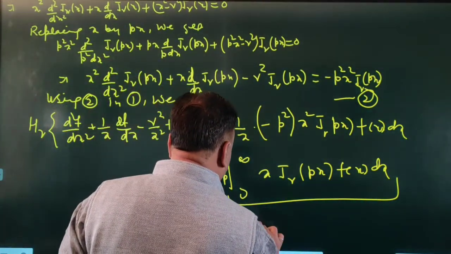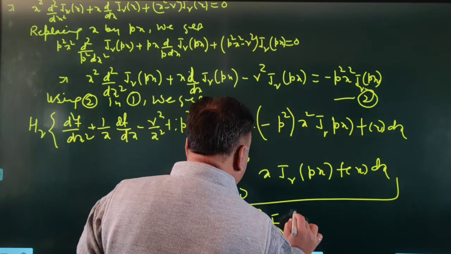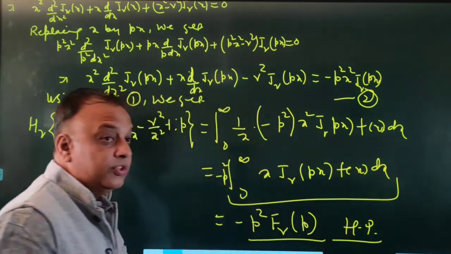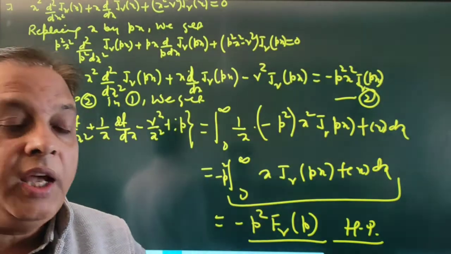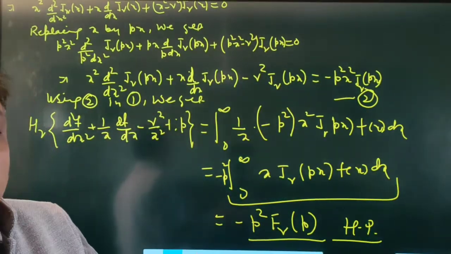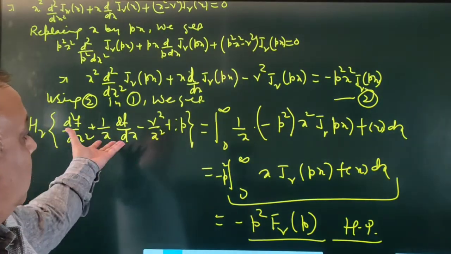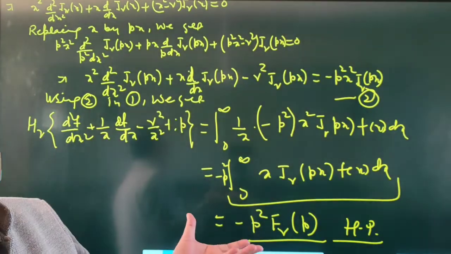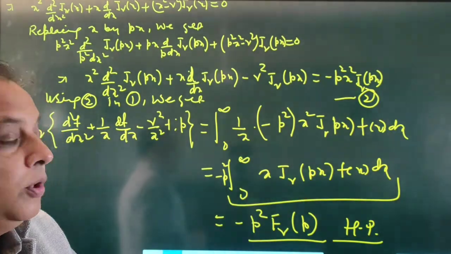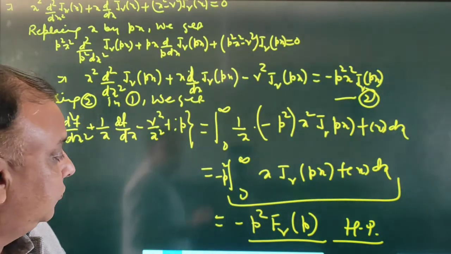So this equals minus p square F nu(p), which is the required result. So with the help of the definition of the Hankel transform, we can find the Hankel transform of this very important problem, and it equals minus p square F nu(p). This is the required result.